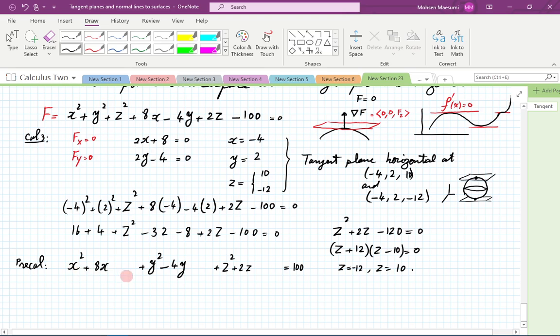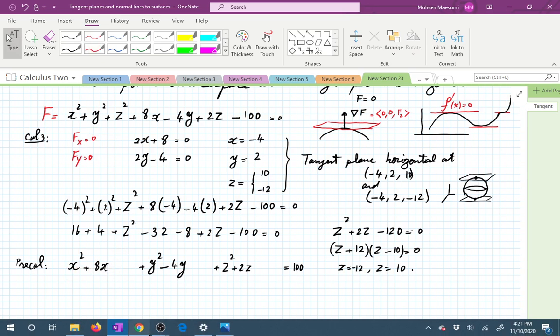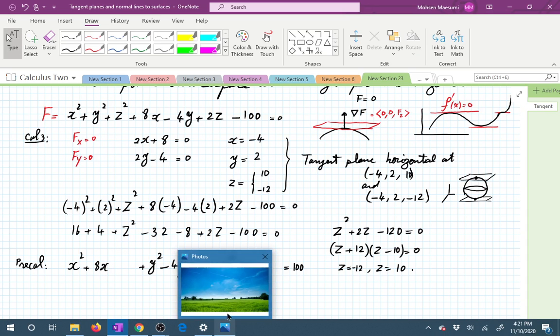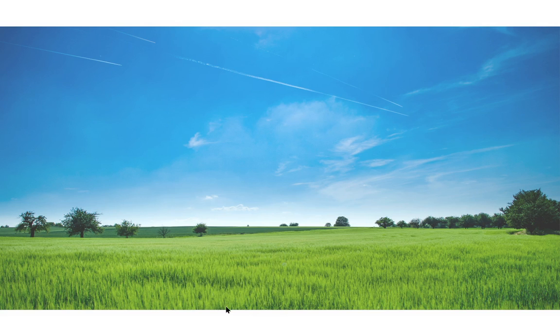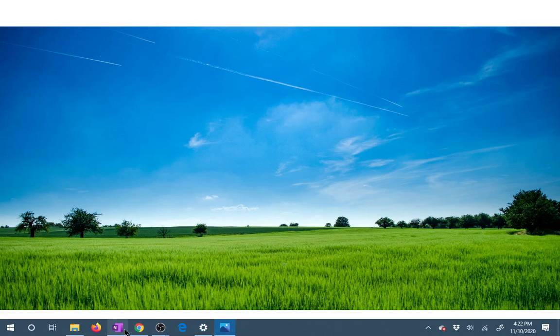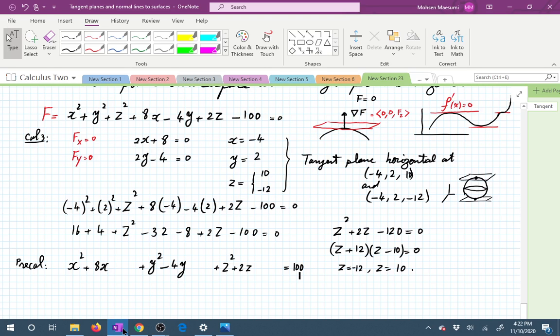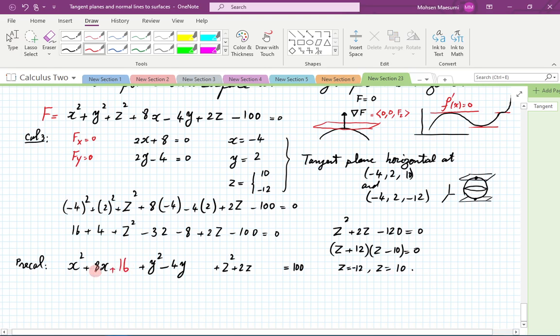So we say, what do I need to complete this? Can you find for me? So here's a bit of participation for you. What is missing to make it a complete square? So of course I need a 16 here, half of this squared, half of this squared, half of this squared.